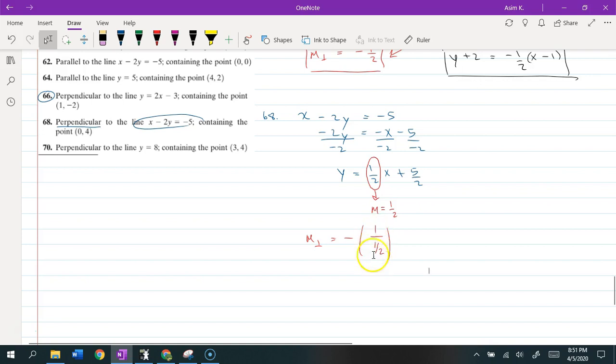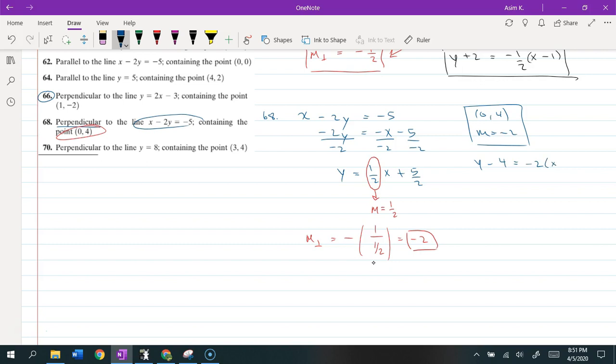Doing 1 divided by that fraction gives you its reciprocal, and that's going to give you negative 2. So the slope of your line is negative 2. They tell us that our line is going through (0, 4). So with a point that is (0, 4) and a slope which is negative 2, once again, you're in business and you can just quickly jot down the equation of this line over here.